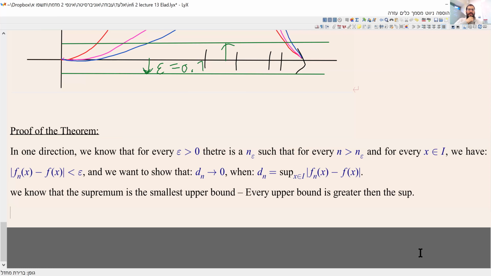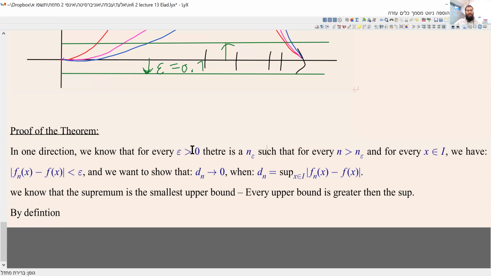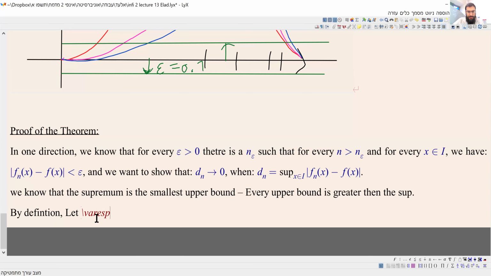Now, we want to show that dn goes to 0 by definition, and I want to use the definition of limit that we mentioned earlier, because what is given to me, the uniform convergence, is phrased with epsilon. So by definition, let epsilon be greater than 0.